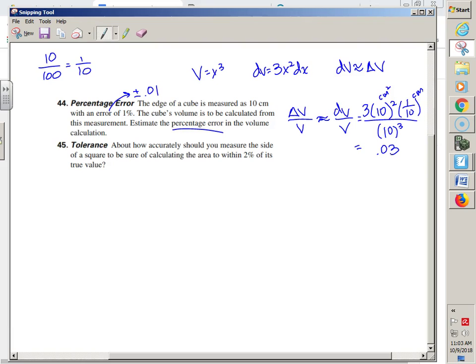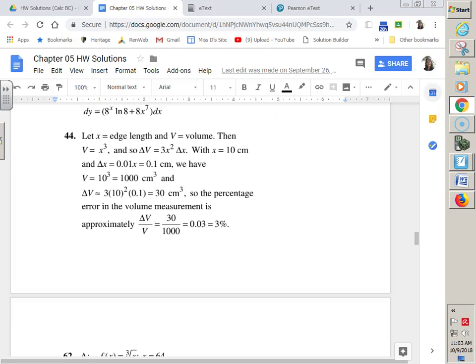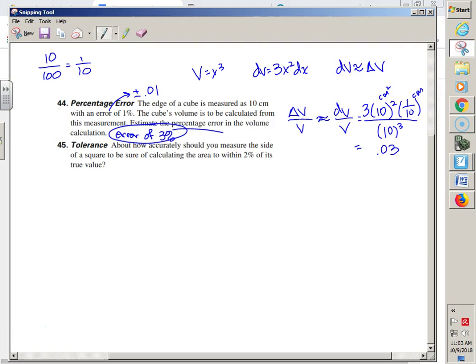Which would be the error of, that's what I got, but let's double check that that's the actual. What did they say? Ah, got it. So delta V is approximately dV, and then volume is x cubed to plug in. Is that okay, kind of?